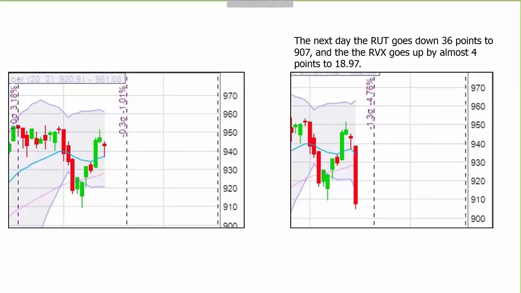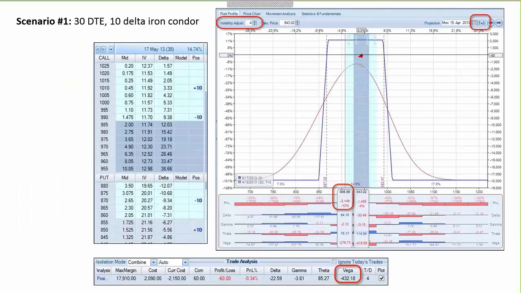So, first scenario, 30 DTE 10 delta iron condor. That's what it looks like. If we then change the vol by 4 points and move down by the number of points that we know will actually occur, what does the software say? And by the way, I'm not knocking any software, all software will say roughly the same. This is saying you are going to be down 12% overnight.